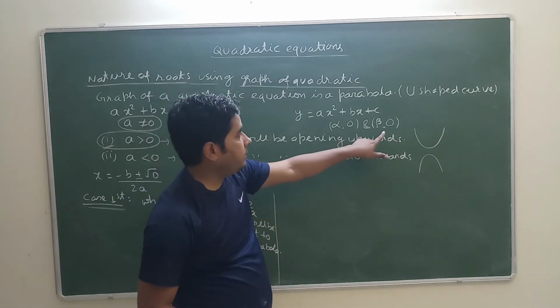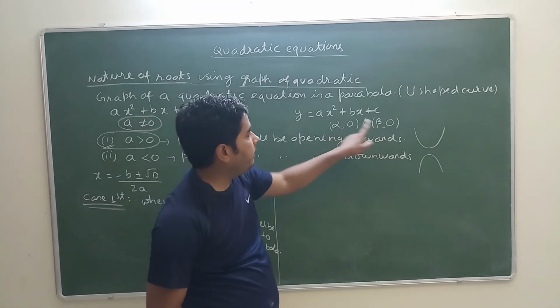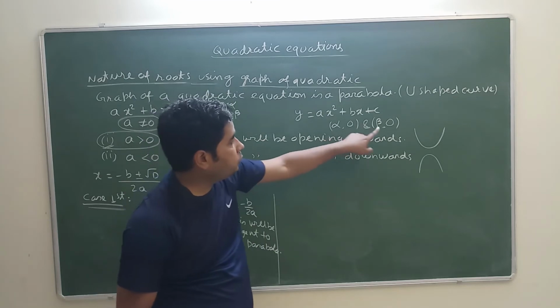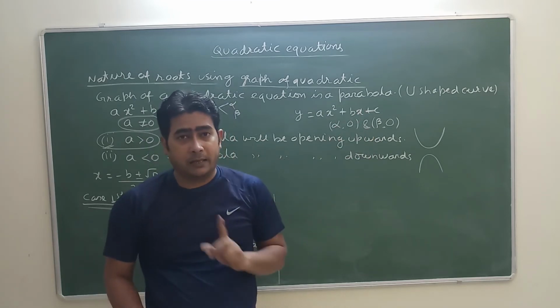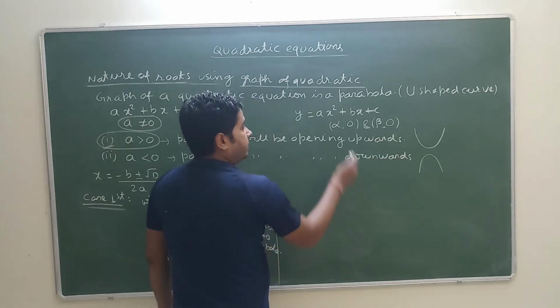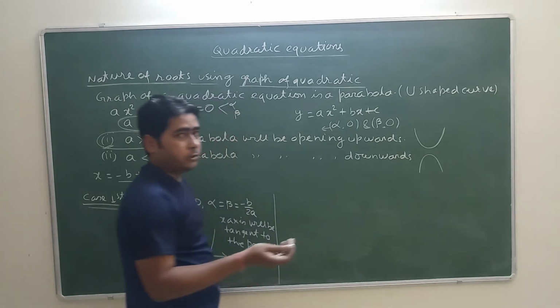These 2 points must lie on the x-axis. Why? Because their ordinates are 0. The y coordinate is 0 means these 2 points must lie on the x-axis, and also these are roots.